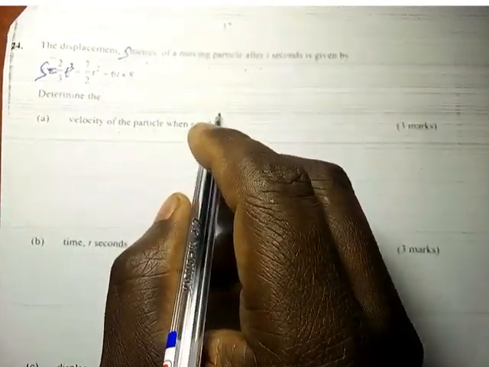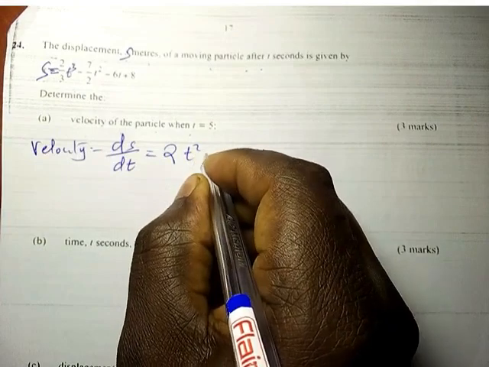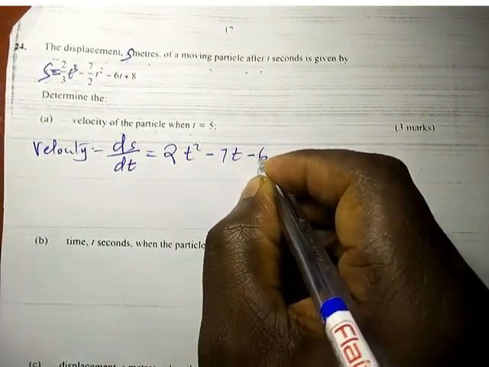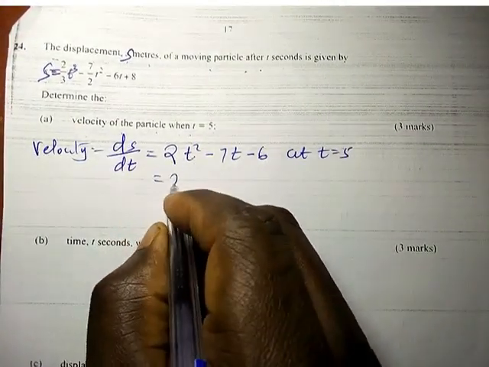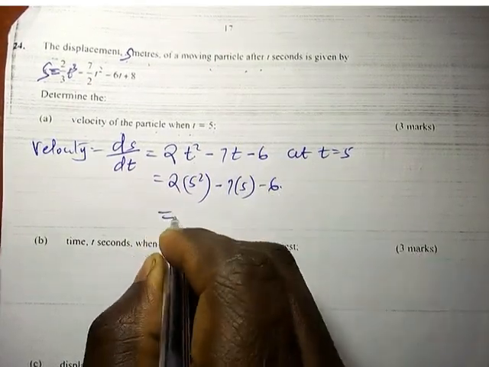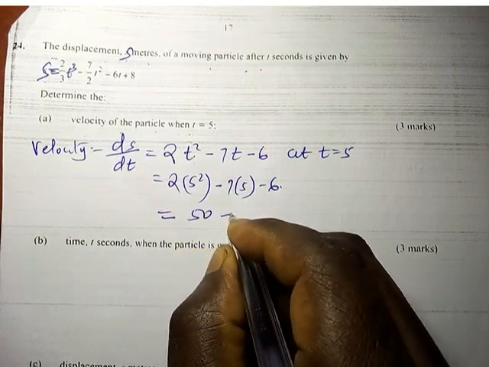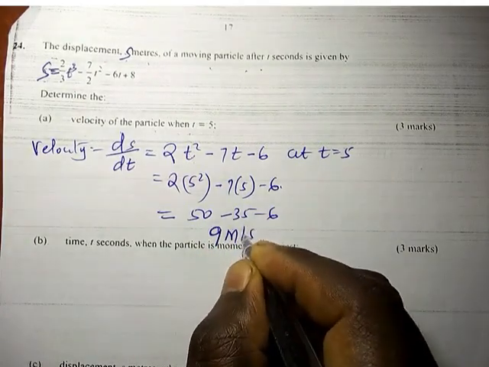So velocity, you differentiate the displacement. Velocity equals ds over dt, so this one is going to be 2t square minus 7t minus 6. But at t equal to 5, we substitute 5 here: 2 times 5 square minus 7 into 5 minus 6. This one gives us 50 minus 35 minus 6. That gives us 9 meters per second.